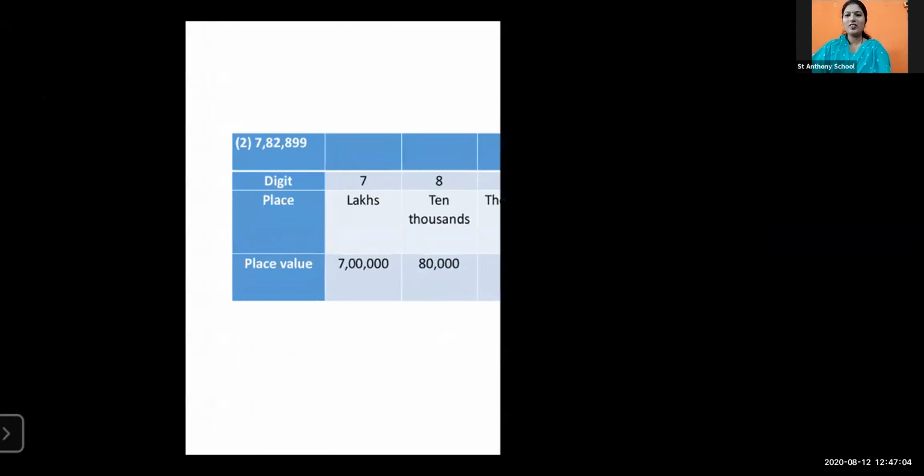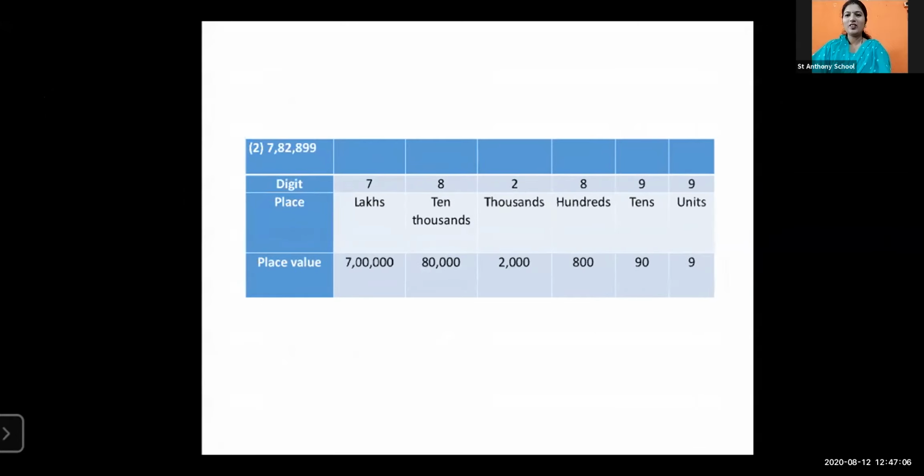Next is what? 6-digit number. Again, our number is 7,82,899. Again, we'll write the digits 7, 8, 2, 8, 9, 9. Then place. We are writing the place now.